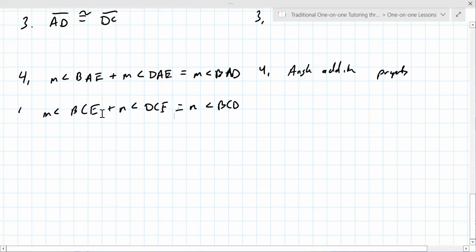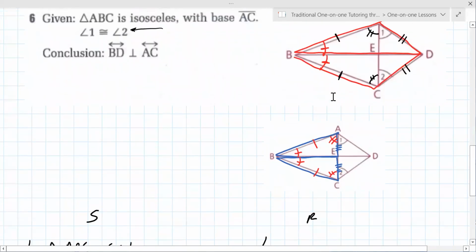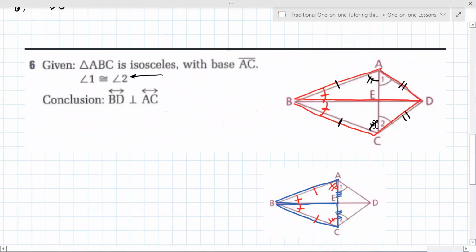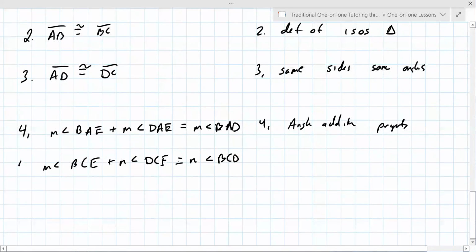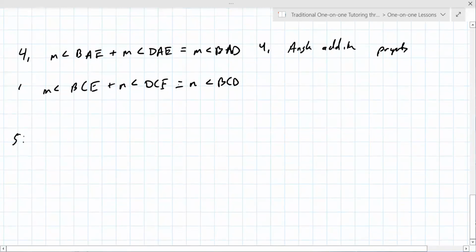What you're allowed to do is switch the ones, because from your picture you know that this angle equals this angle and this angle equals this angle. So you just swap them into the other equation. So the measure of angle BCE plus the measure of angle DCE equals the measure of angle BCD.